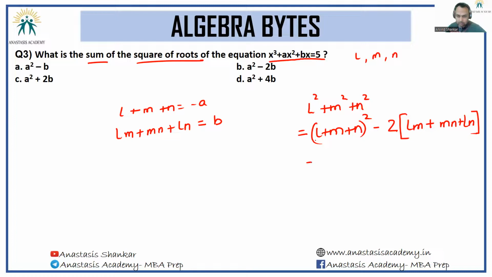So I finally have (minus A) whole square minus 2B, or eventually A square minus 2B, so option B is the answer here.